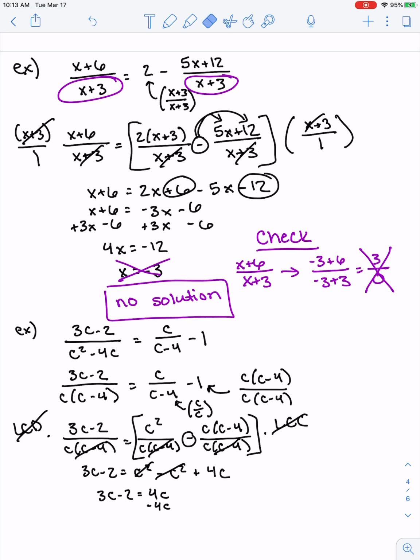I can just bring this over here. I get negative 2 equals c. So let's go ahead and check this solution.